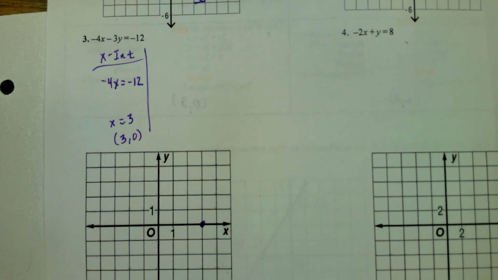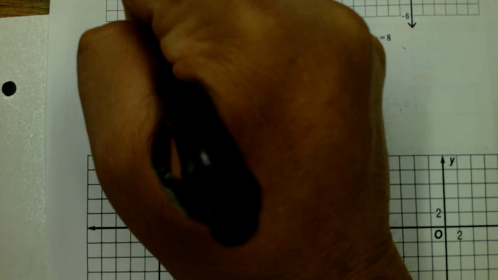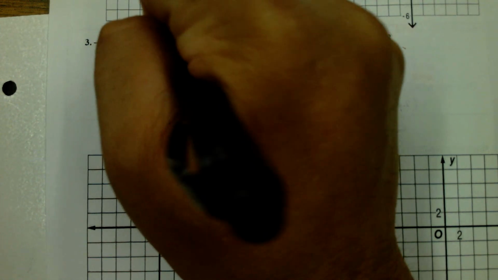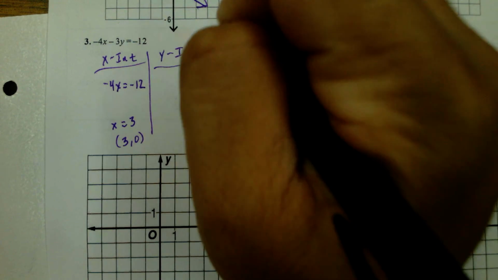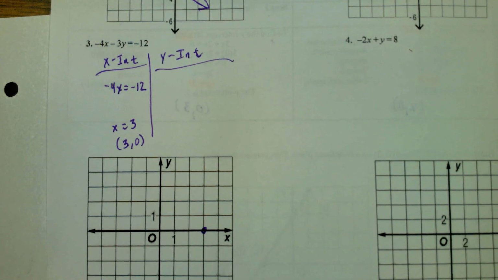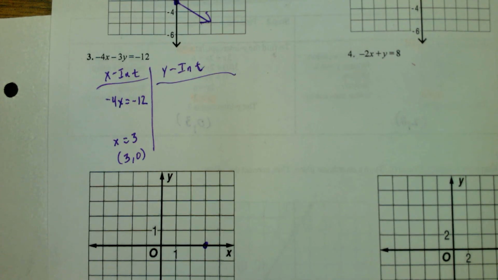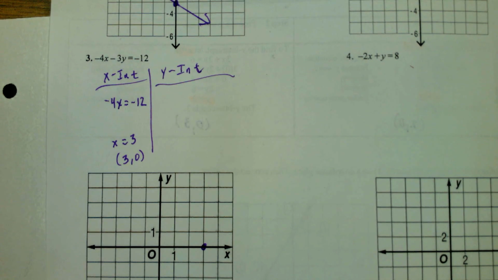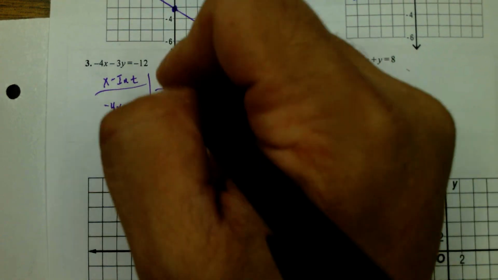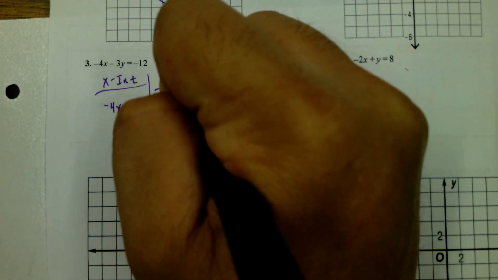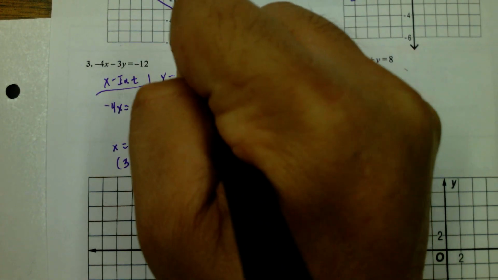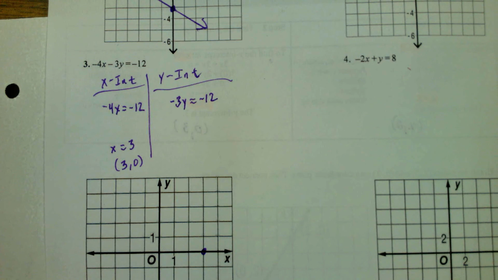Okay. Let's find the y-intercept. Using the cover-up method, what is the equation I'm going to use? Negative 3y equals negative 12. All right. And we're going to divide negative 3 on both sides.